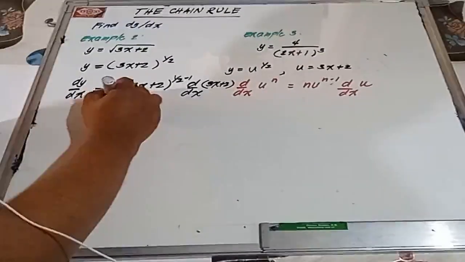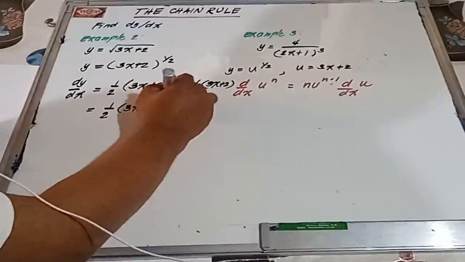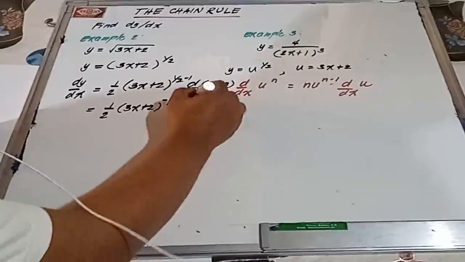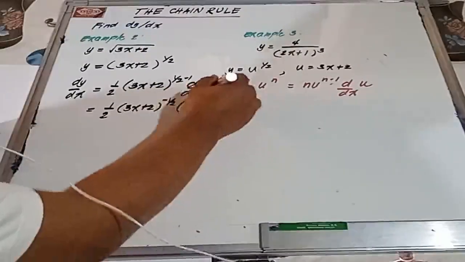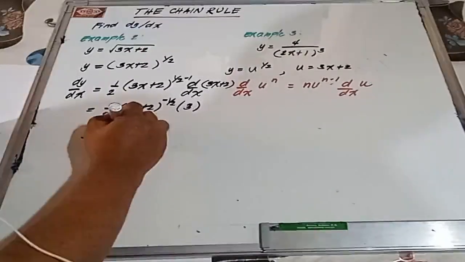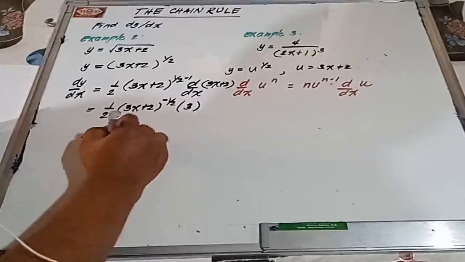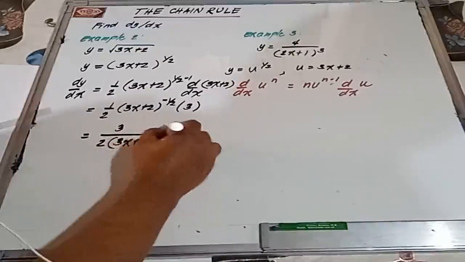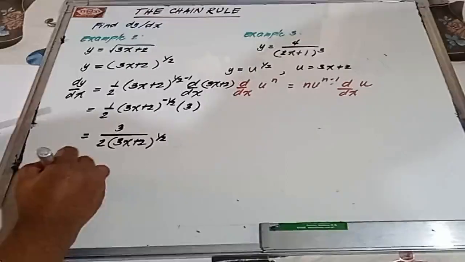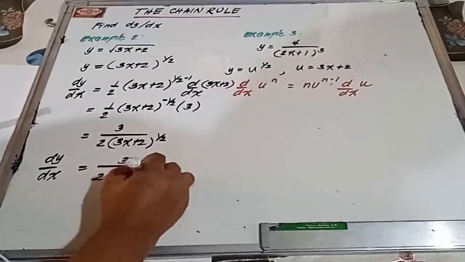So we have 1 half 3x plus 2 to the negative 1 half times derivative ng inside natin, which is 3x plus 2, or derivative ng 3x is 3, derivative ng 2 is 0. So we have 3, baba na lang natin to. So we have 2, 3x plus 2 raised to positive 1 half na. So this is our dy over dx, we have 3 over 2 square root of 3x plus 2.